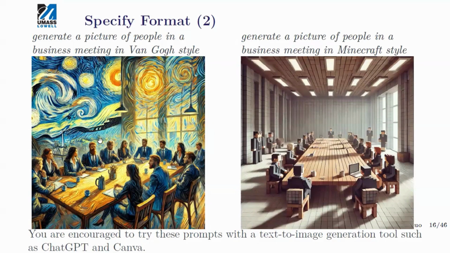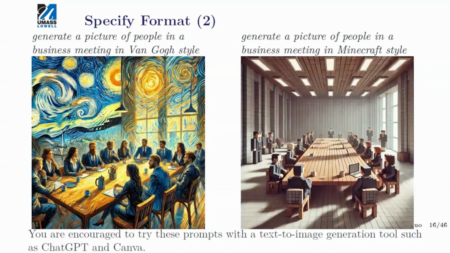Actually, it was interesting to play with this text to image generation function in ChatGPT. It does these generation jobs well in some cases, but if you try to give it a specific instruction, I don't feel that it was able to generate these images as you asked.